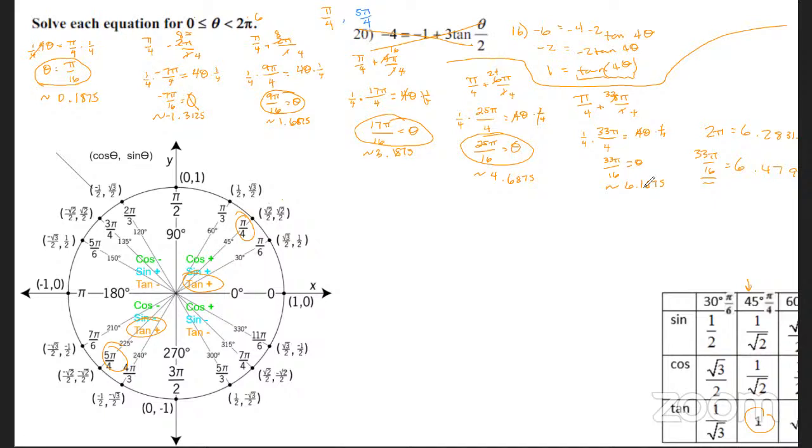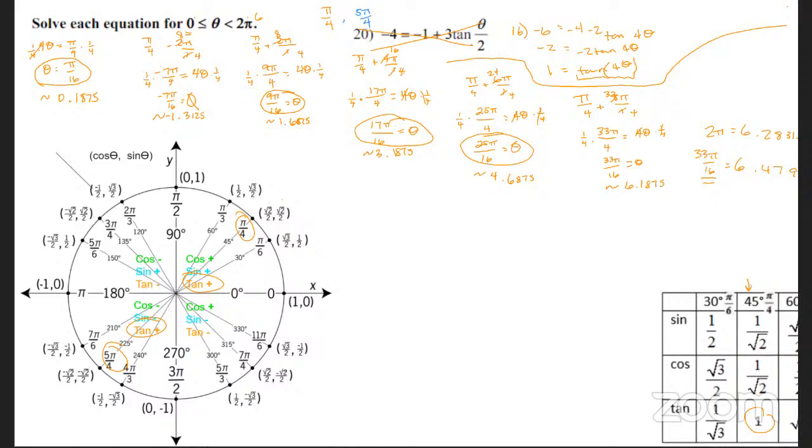Okay, now we've verified by actually putting pi into our calculator that 33 pi over 16 is bigger than 2 pi. Another way you could have done that is 33 divided by 16, which is 2.0625, bigger than the 2 before the pi.